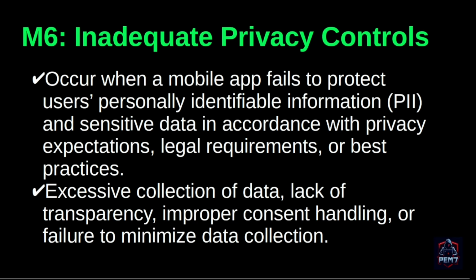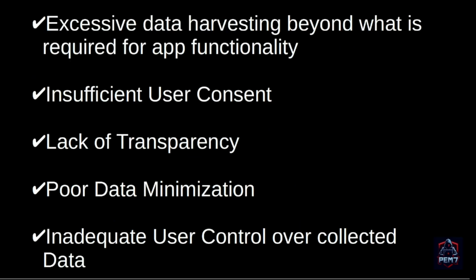This includes over-collection of data, requesting more permissions than necessary, collecting data that isn't required for core functionality, and gathering location, contact, or media access without clear justification. It also includes insufficient user consent, where data is collected without obtaining explicit consent from the end users, using pre-checked consent boxes, hiding privacy implications in lengthy terms of service, and failing to provide granular consent options.